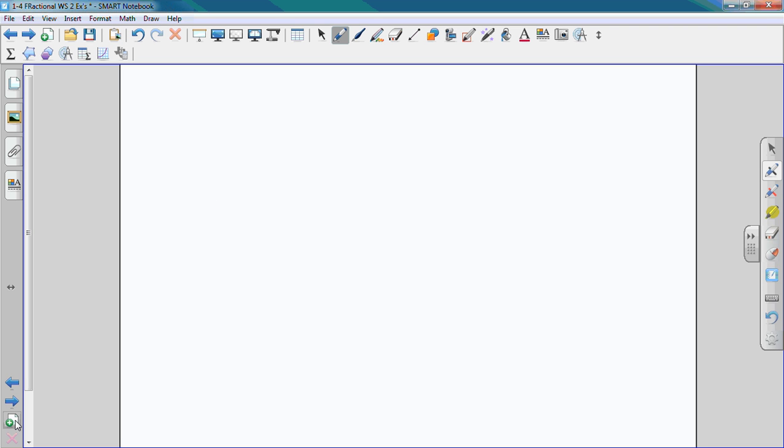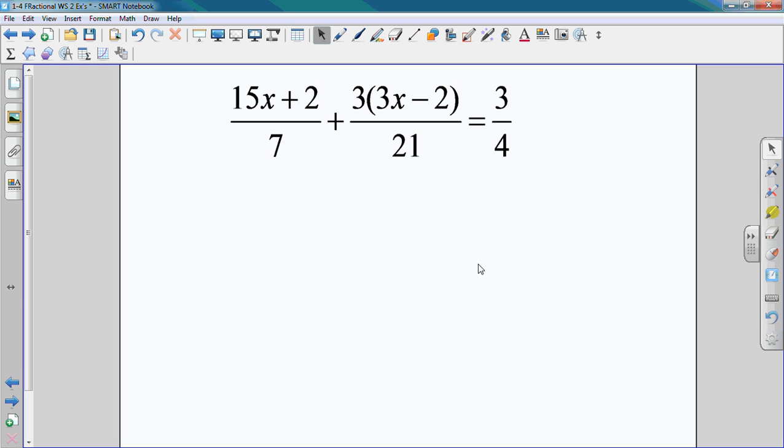So that makes number 13 easy. Let's do number 12, and that'll be the last one. I'll let you guys look at the rest of the page. Number 12. Okay, I have 7, 21, and 4. Common. Well, I know 21 isn't, because 7 times 3 is not 21, it's 28. So let's get out 21, and let's write out multiples.